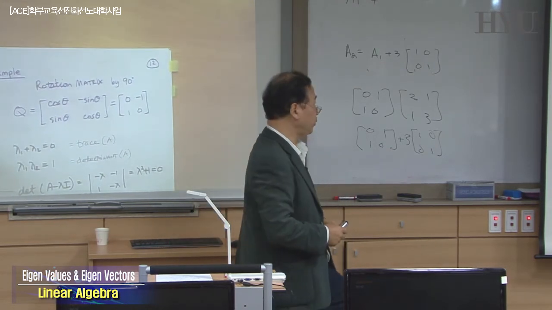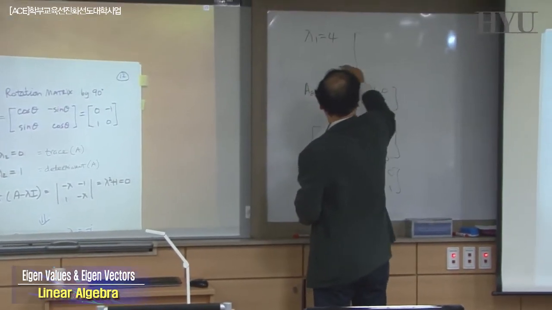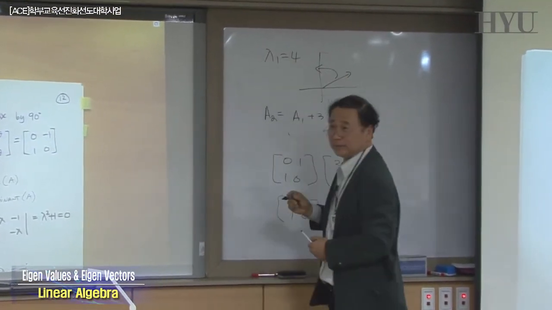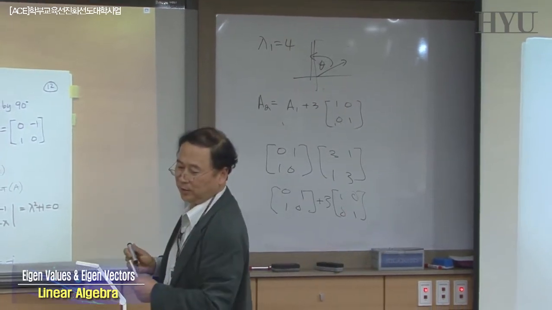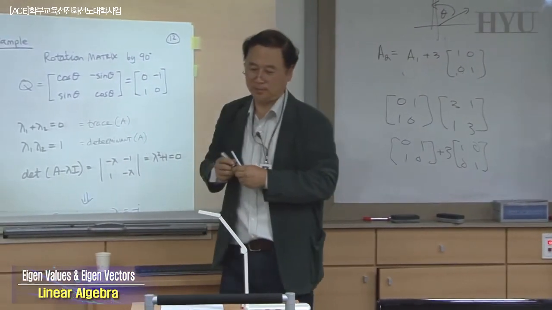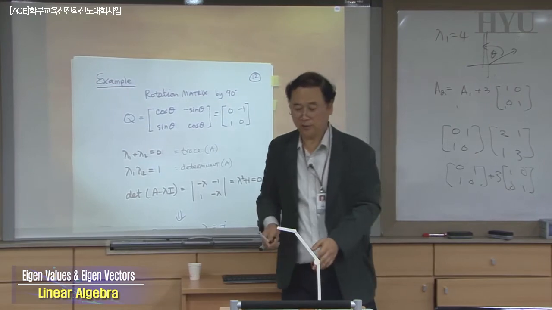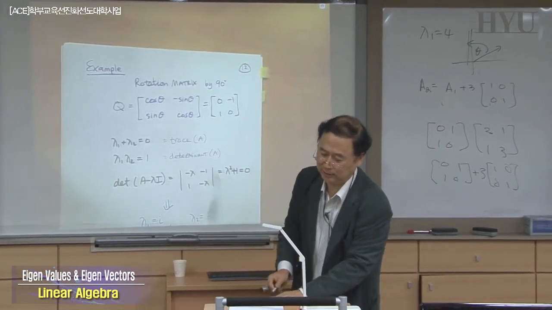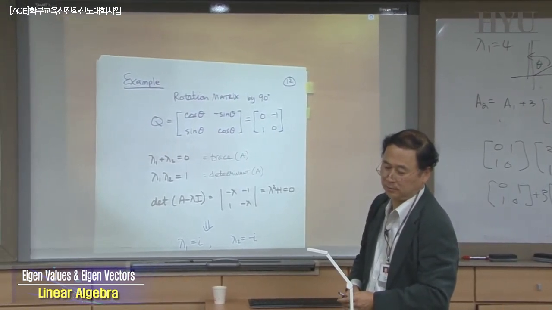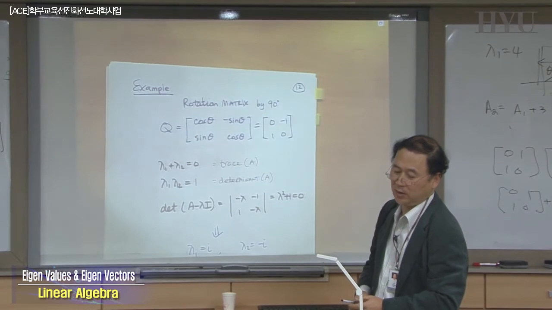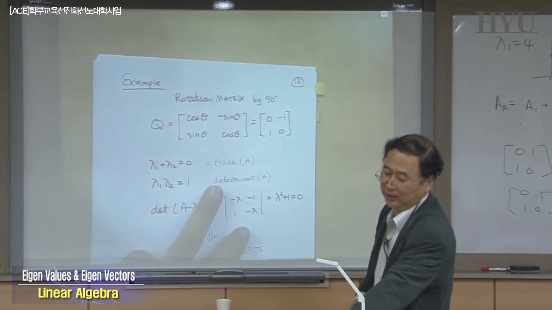This is another example, the rotation matrix. You know what rotation is, right? When you have a vector, you just rotate it by an angle. When you rotate by theta, that's the form, and when you rotate by 90 degrees, this is the one. One way to compute the eigenvalues is to solve the equation. Another is to use the trace: lambda 1 plus lambda 2 equals trace A, which is 0.